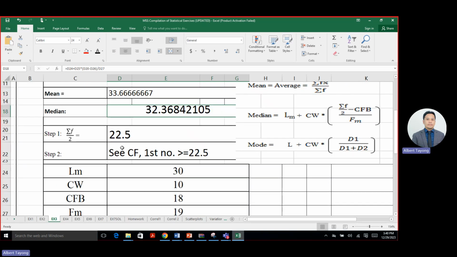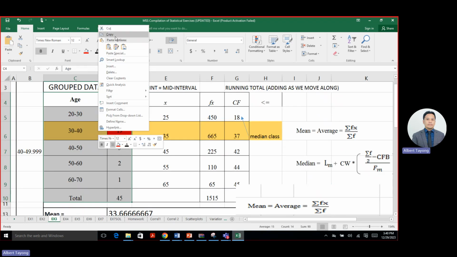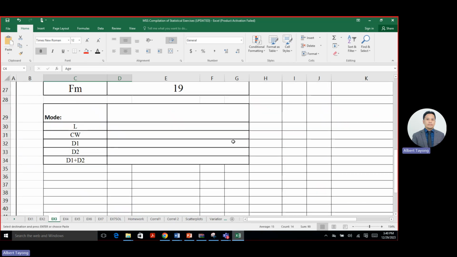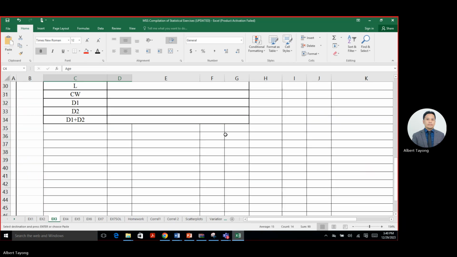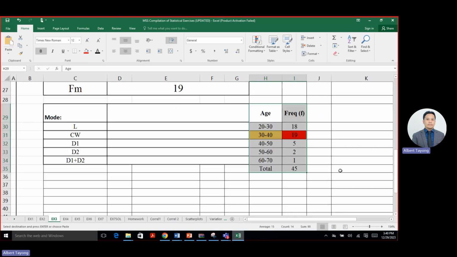Now for the mode, we need the first two columns only. We don't need the other columns. So we can copy the first two columns and paste it here, Control V. So we remove these colors.